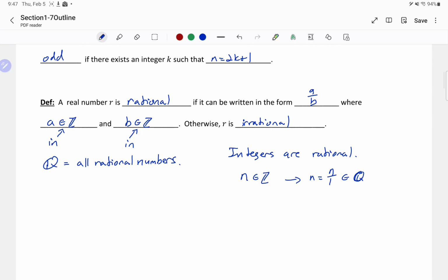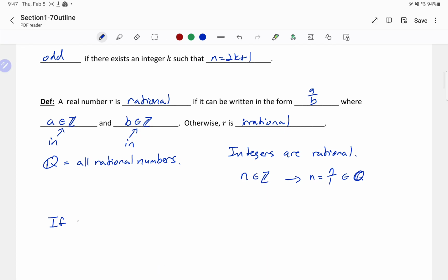And so again, in terms of even and odd, I'll go ahead and make a note of that here. So we'll say that if n is not even, then n is odd.